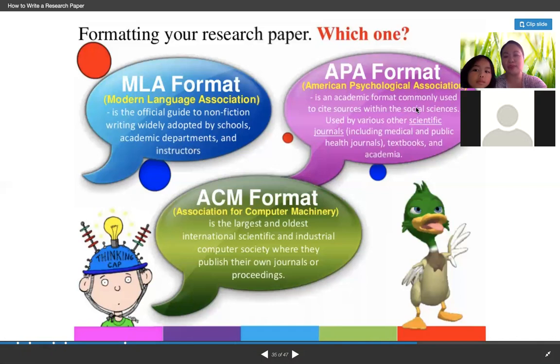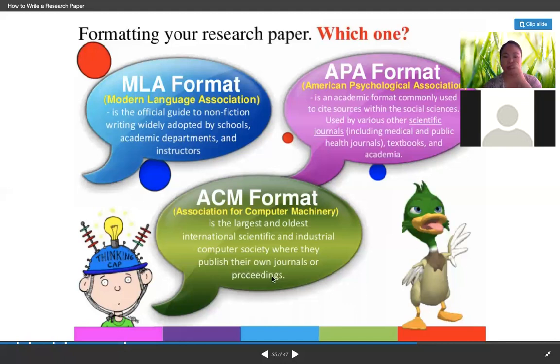It's also an academic format commonly used to cite sources from the social sciences, by scientific journals, including medical, public health texts, and academia. And the ACM format, or the Association for Computing Machinery, is the largest and oldest international scientific and industrial computing society, where they publish their own journals and proceedings.